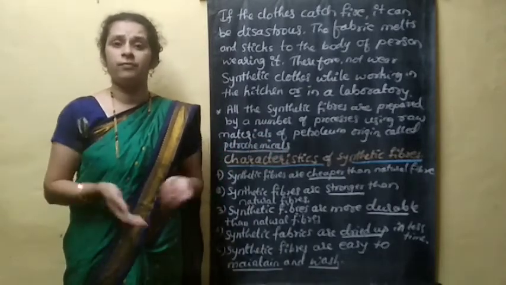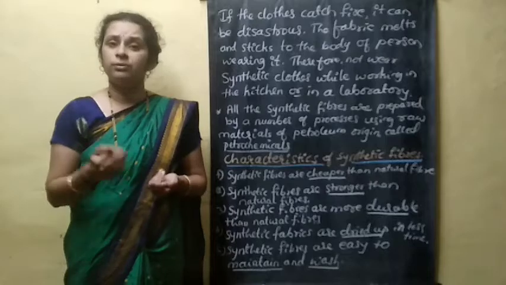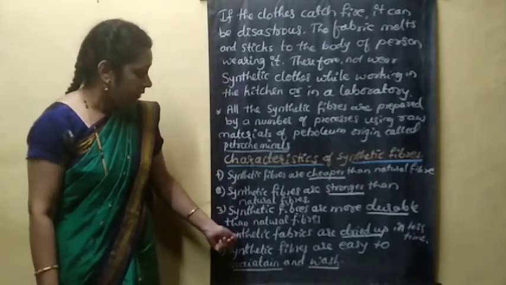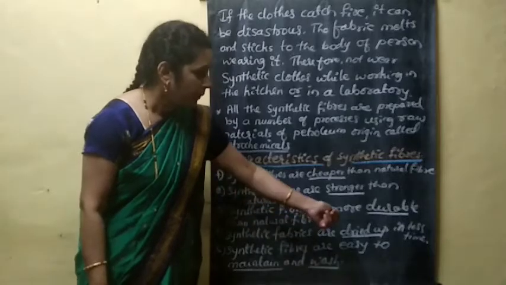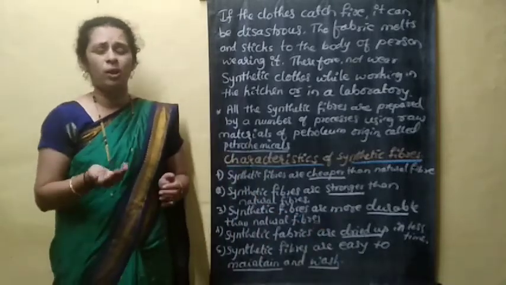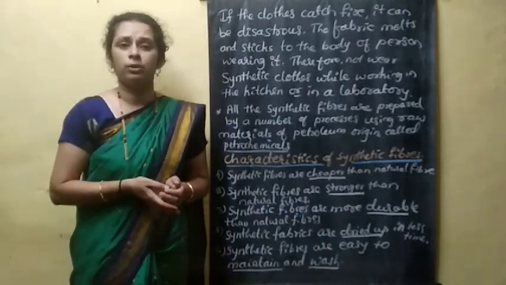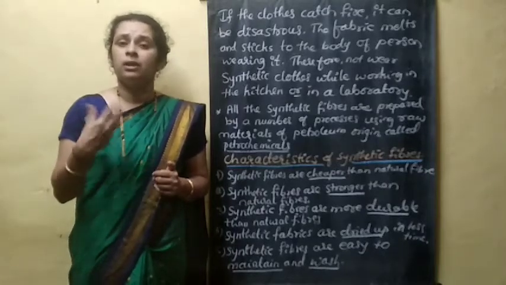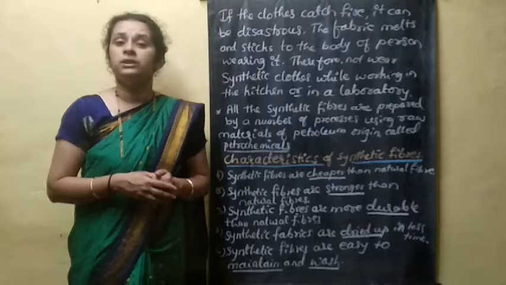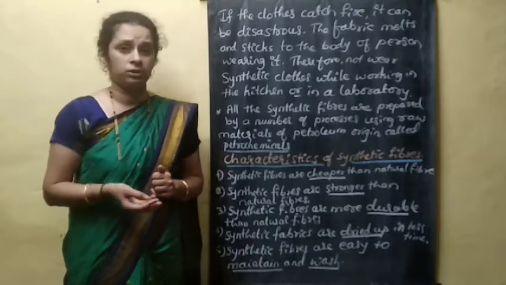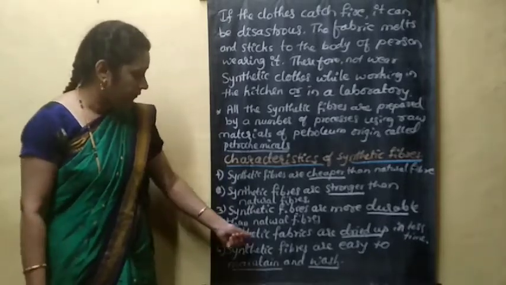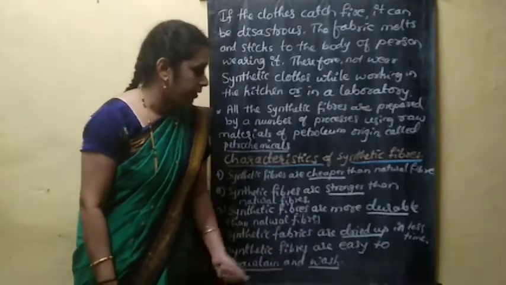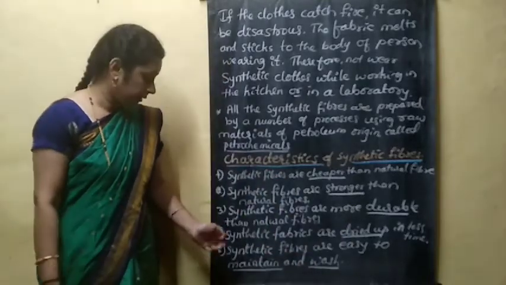Which one will dry first? You can understand that. That is the property of synthetic fiber. When you wash cotton clothes, they take a long time to dry compared to synthetic clothes.